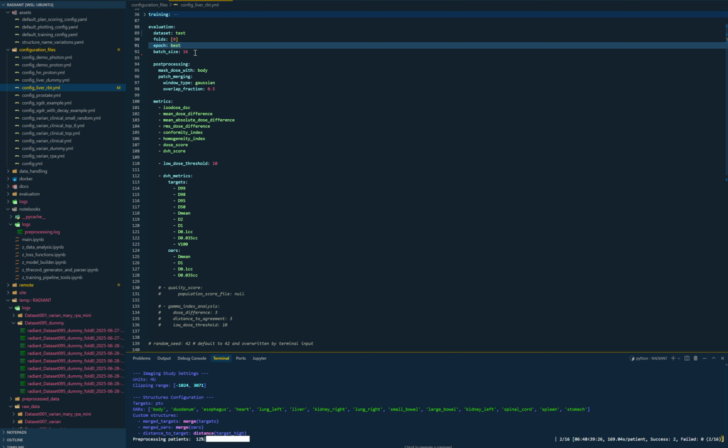Now, for evaluation, it is beneficial to actually feed the model batches of inputs for the same patient. Remember, we actually take a volume and we split it into patches. So instead of doing a single patch and performing inference for a single patch, we can actually give the model 16 patches and perform inference for 16 patches in one go.